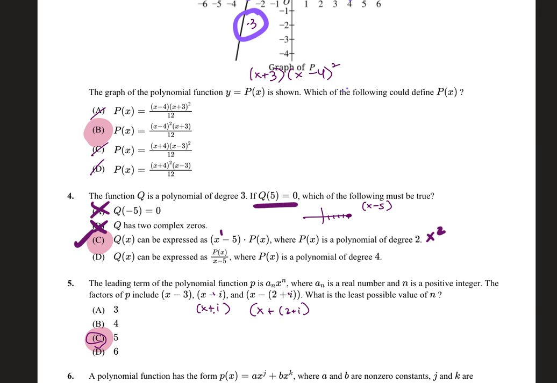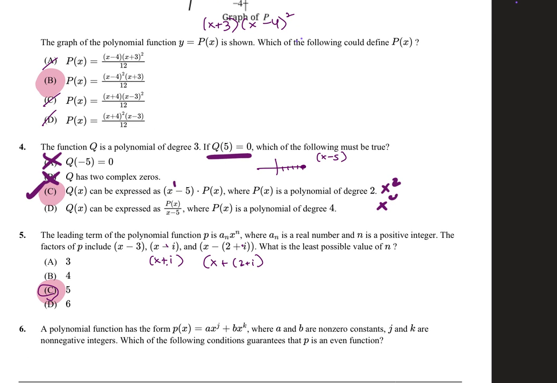And then the second one says p of x over x minus 5, where p of x is a polynomial of degree 4. So then it would be something x to the 4th over x minus 5. The problem here is that this could reduce, but it doesn't have to.